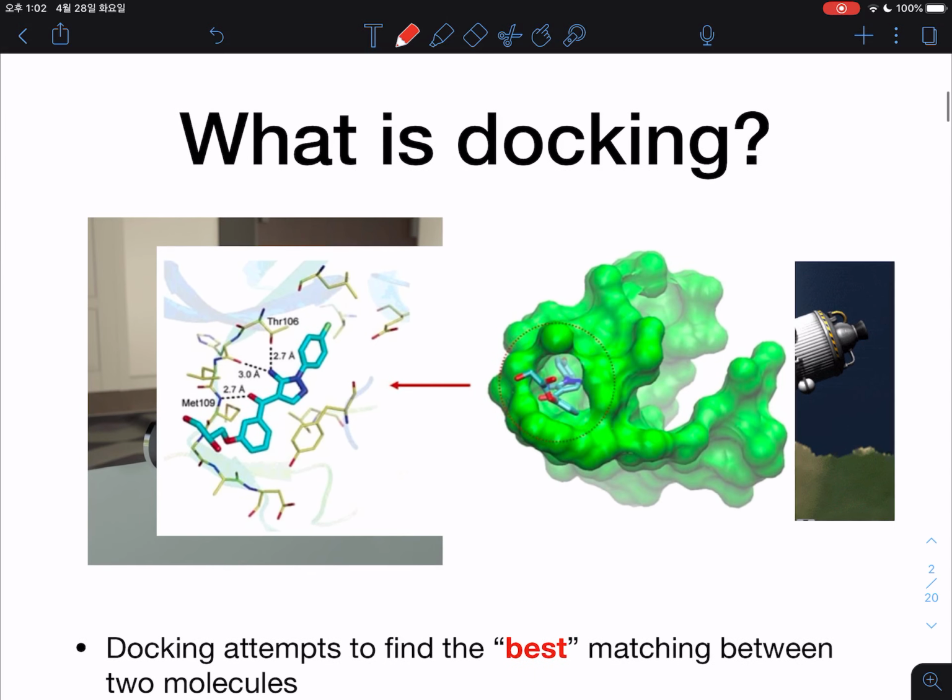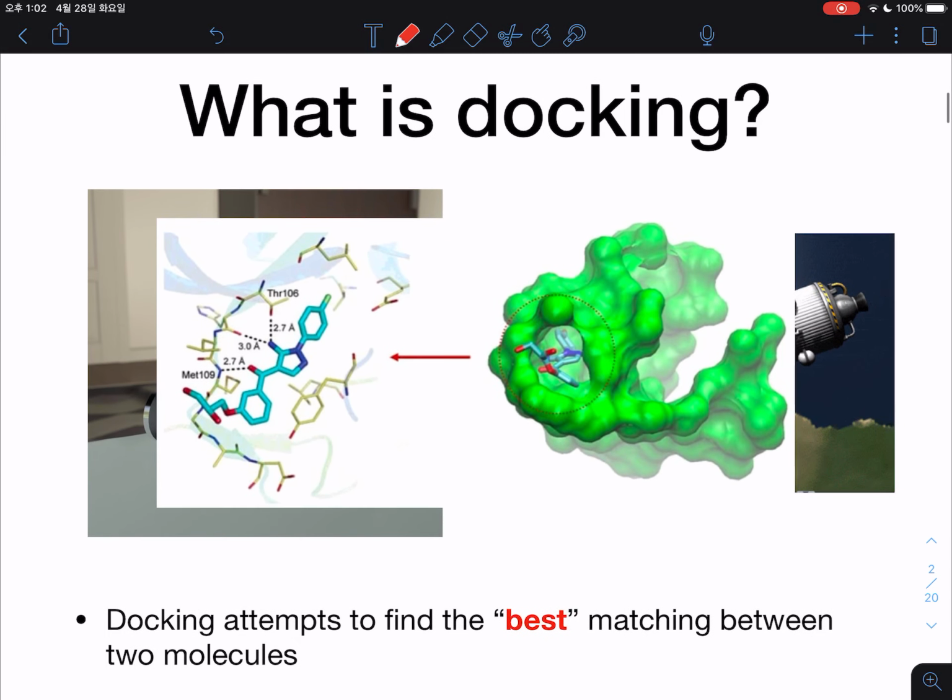So what is docking? Docking means something is being docked, like when a ship docks at a harbor. Docking means that two objects are connected, and it is used as a term in protein science.